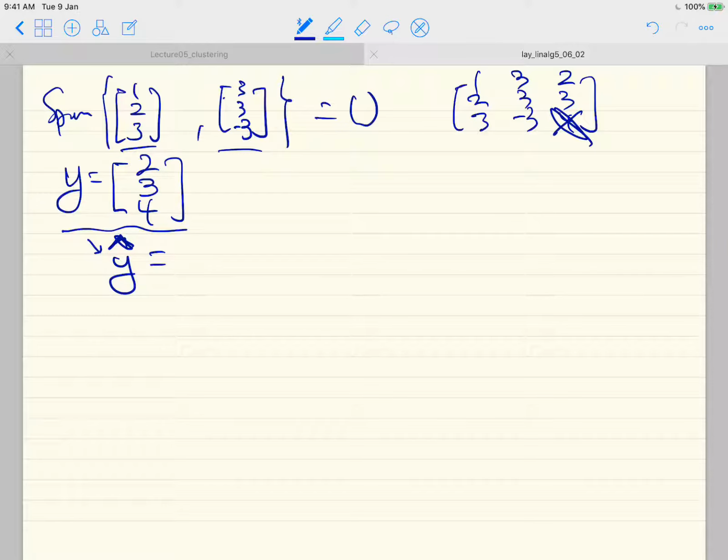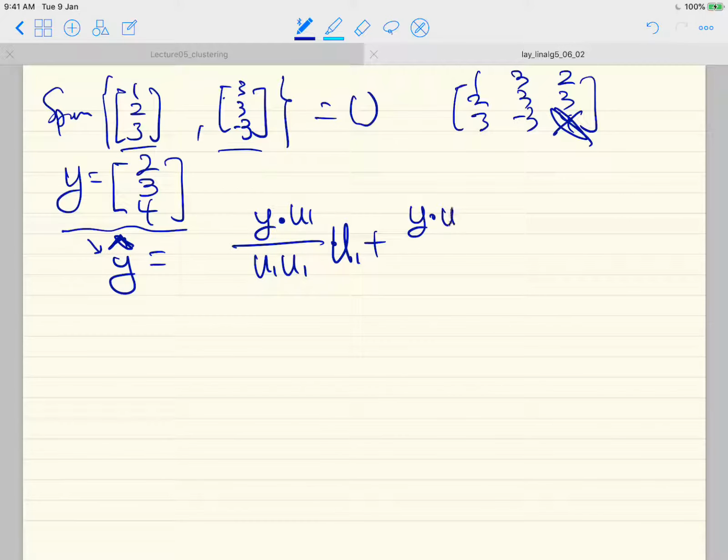So y hat is y dot u1 over u1 dot u1, times u1, plus y dot u2 over u2 dot u2, times u2.